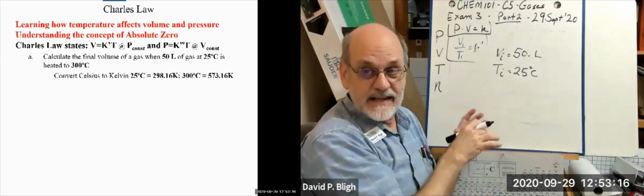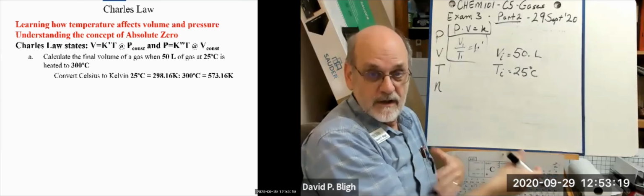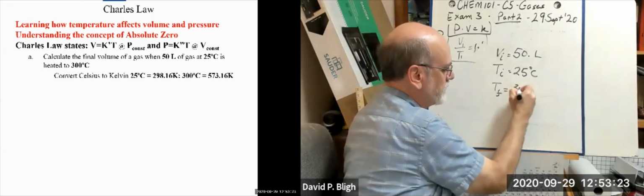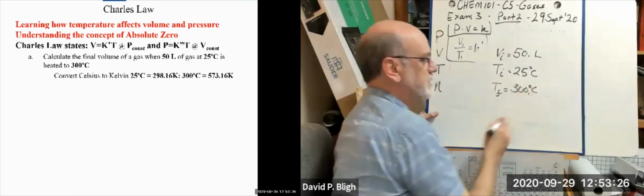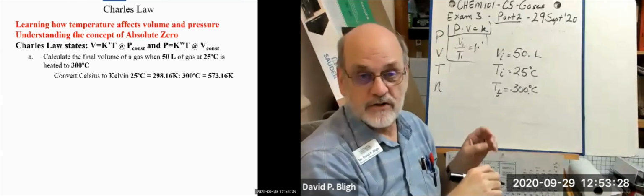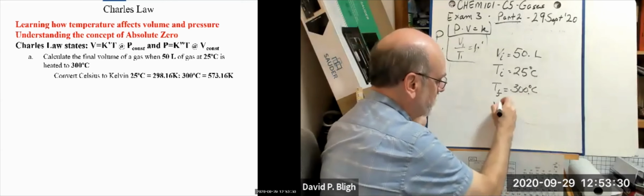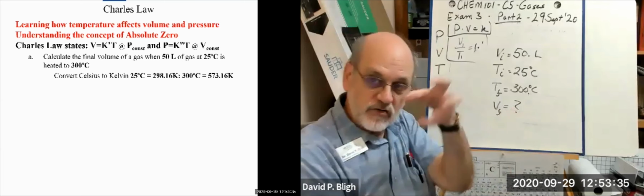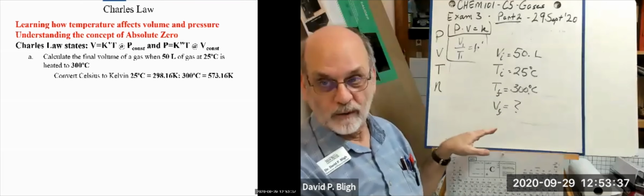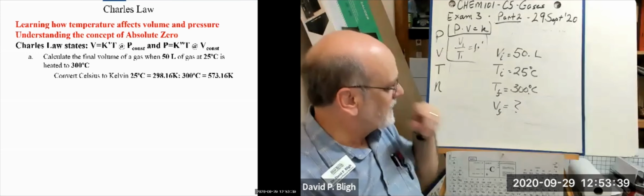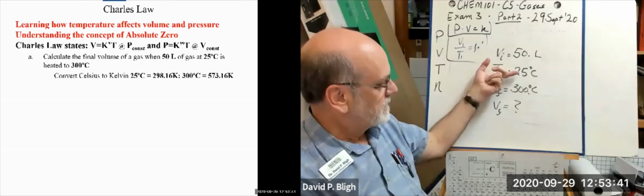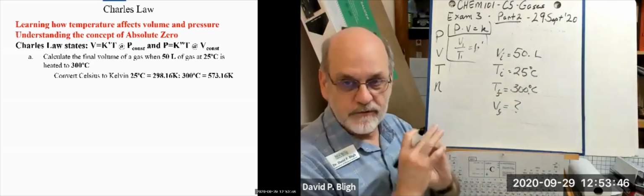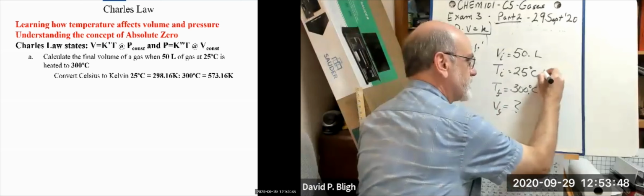And then it is heated, so this is the after condition, heated to 300 degrees. So final temperature is 300 degrees C. And the question was, calculate the final volume. Right? So now you have all that information extracted in a recognizable form. But remember, degrees centigrade has to be converted to Kelvin. So you might as well, before you do anything else, just say this.